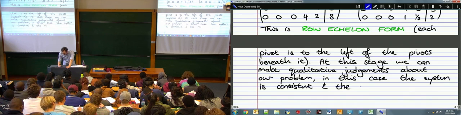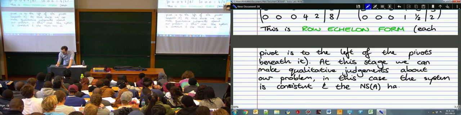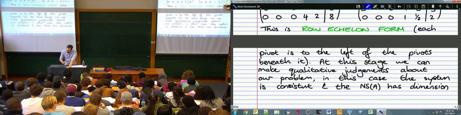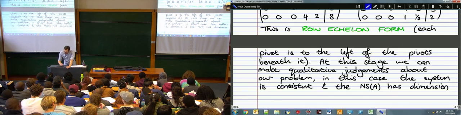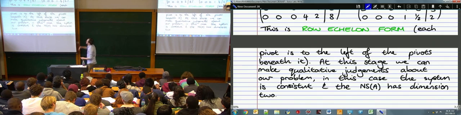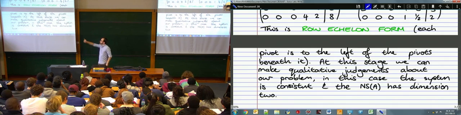And the null space of A has dimension 2. I'm a little bit naughty here in the sense that we haven't actually spoken about what it means for a subspace to have a dimension. But I guess we'll cover this in the next couple of lectures, right?